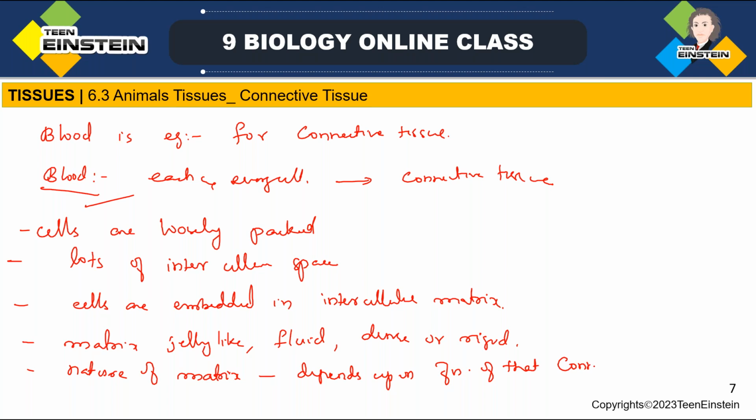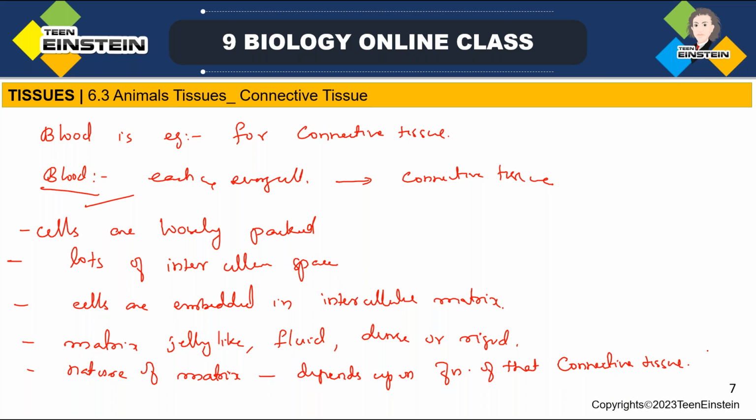So we can say blood is the best example. Blood is a connective tissue, and its cells are very loosely packed. Just think about one drop of blood, you can see it's like a loose fluid.